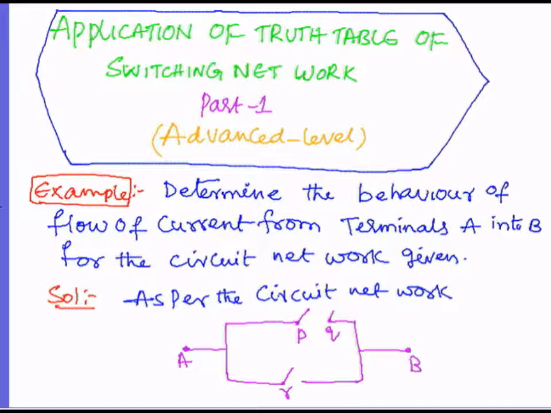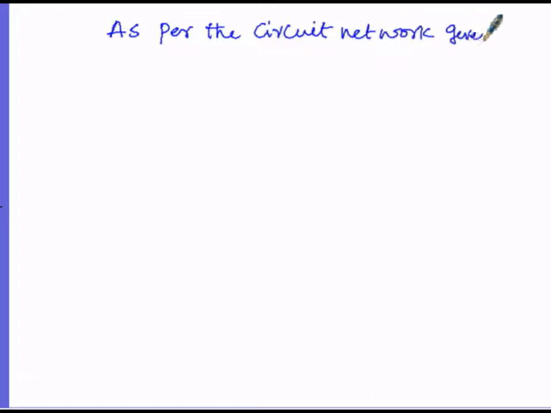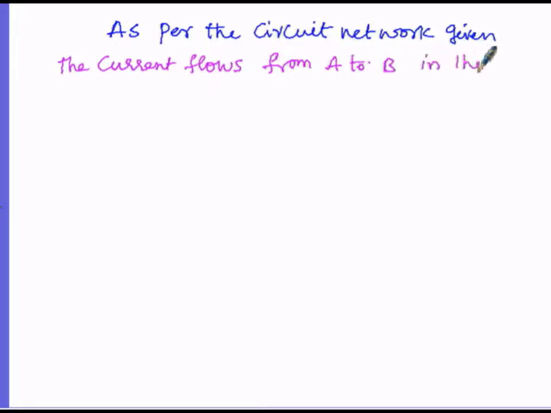In the next logical step, as per the network which is given, the current flows from the terminals A to B in the series combination of the switches.